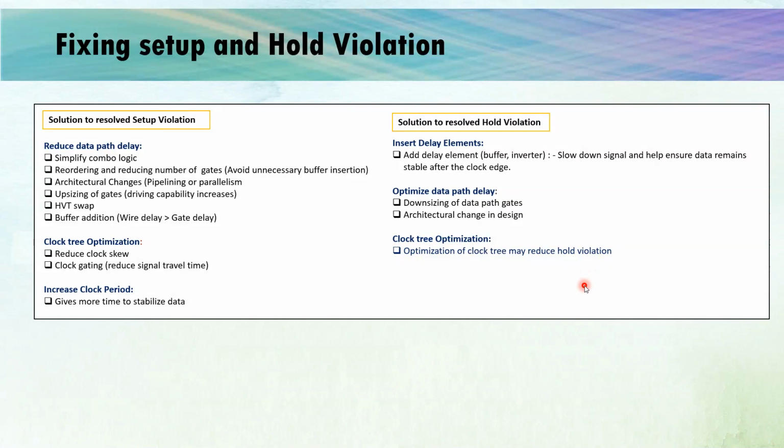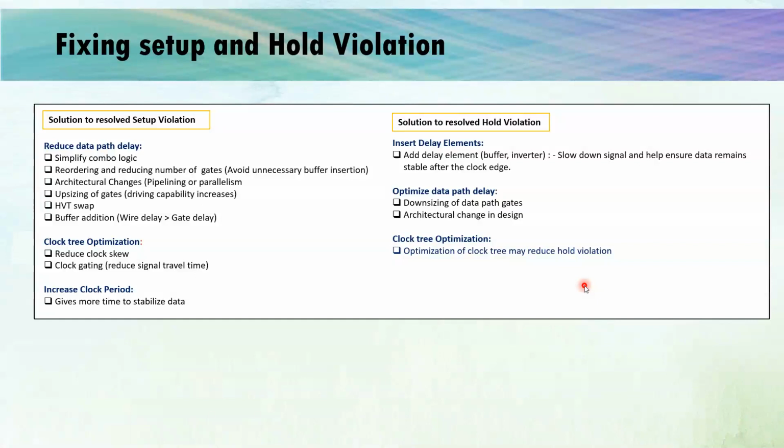So with this, we have understood that setup and hold analysis is an essential aspect of digital design and timing analysis, as it serves a critical role in ensuring the proper functionality of your synchronous digital circuit. Setup and hold analysis basically helps us verify that the data is being captured correctly by the flip-flop or other storage element in your digital circuit.